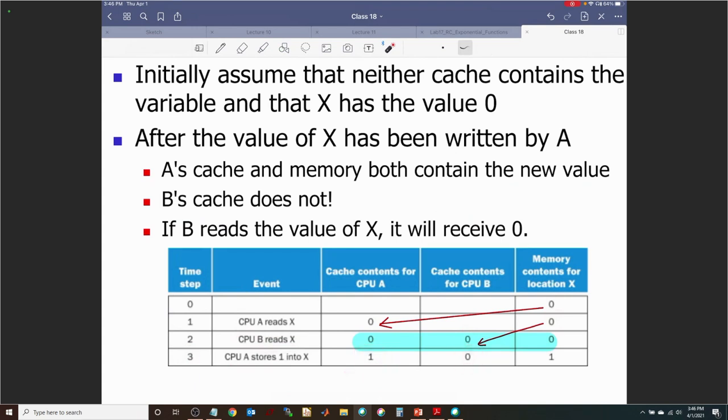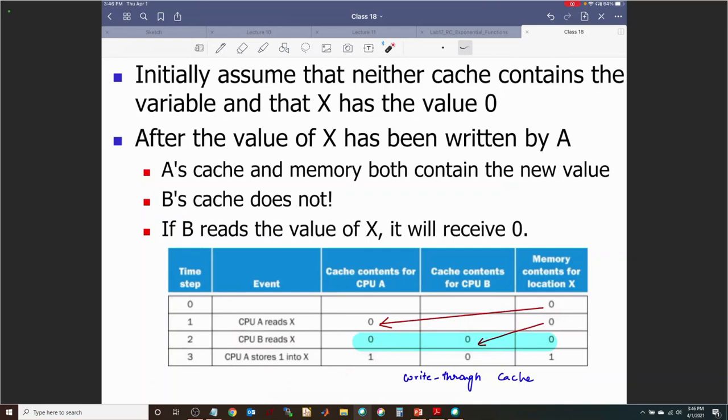But if it is a write through cache, it is going to update even whatever is there in the memory. So this guy is consistent with memory. However, the problem of inconsistency happens because the private cache of CPU B hasn't been changed to the updated value.